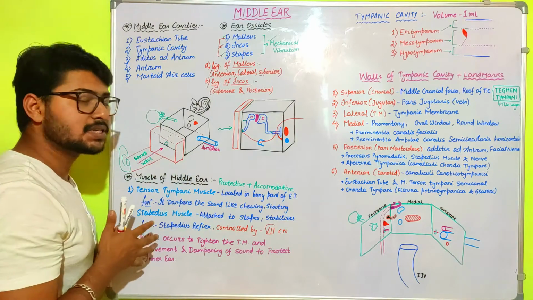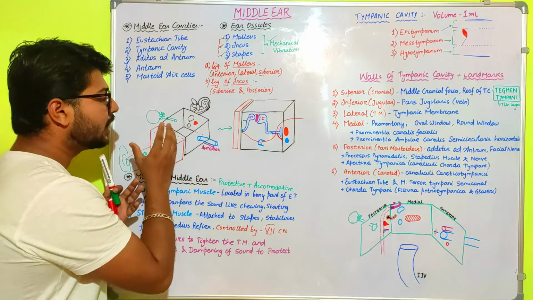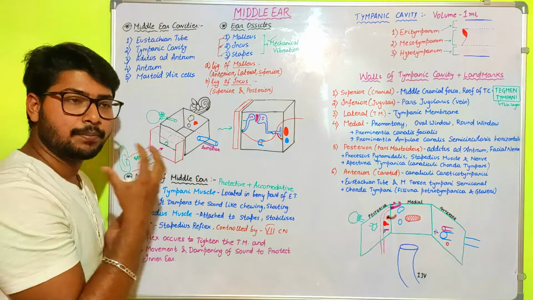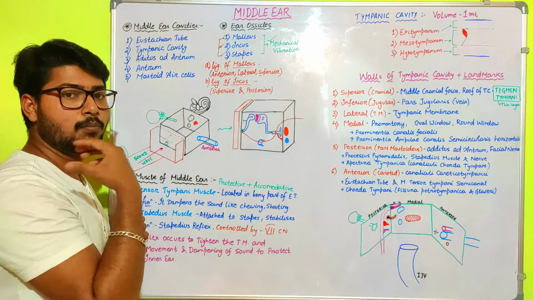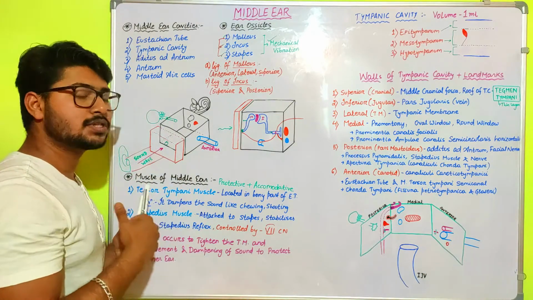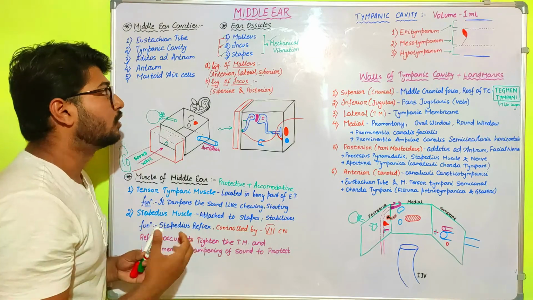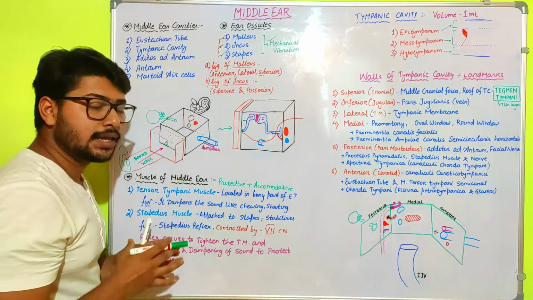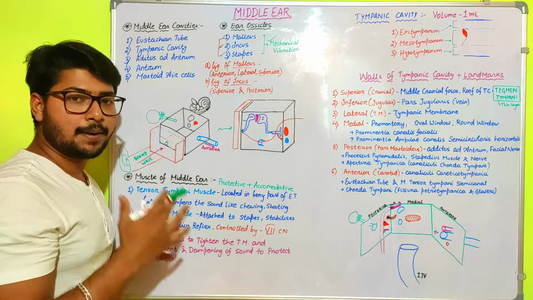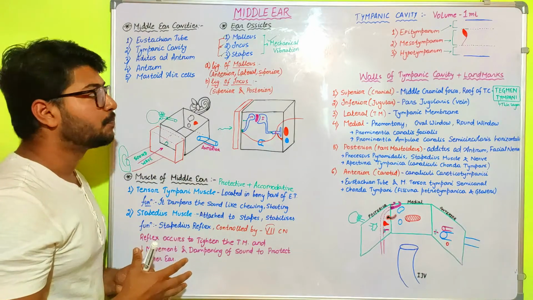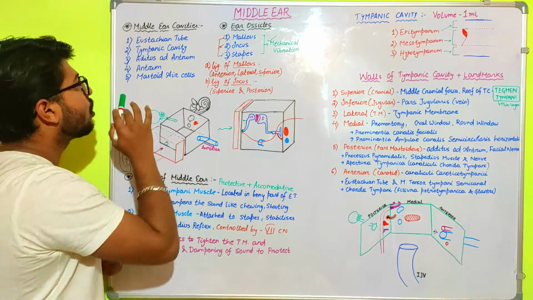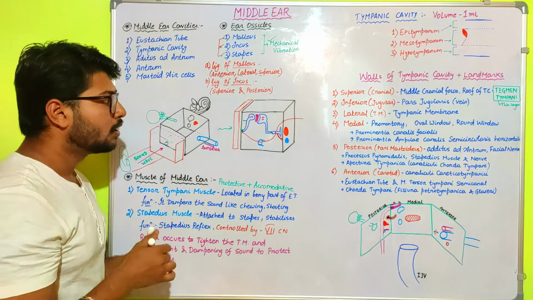These muscles are attached to structures in the middle ear and help in resonating or dampening the sound. Along with the middle ear, certain cavities surround it, and we are going to discuss all about these cavities.